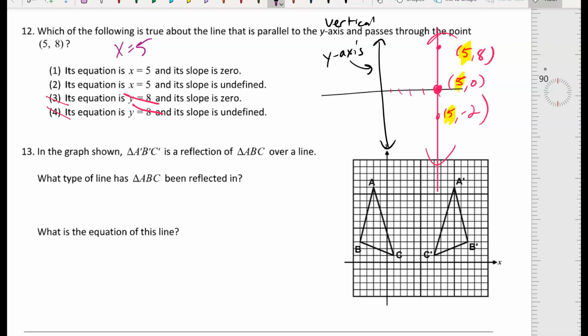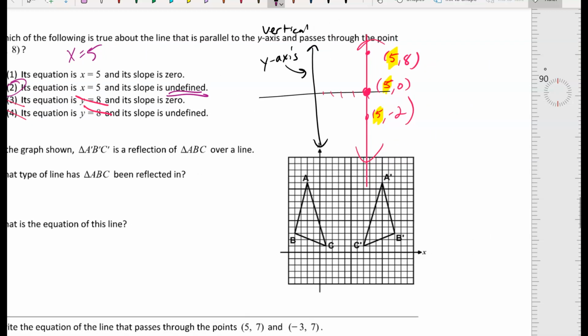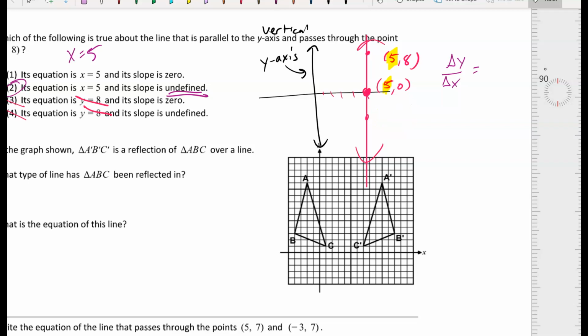But you need to remember that for any line that's vertical, the slope is always undefined. And the reason that happens is because if we apply our slope formula, change in y over change in x, let's take these 2 points that I marked right there and there. If I find the slope between them, change in y over change in x, you should see an issue already happening: 8 divided by 0.